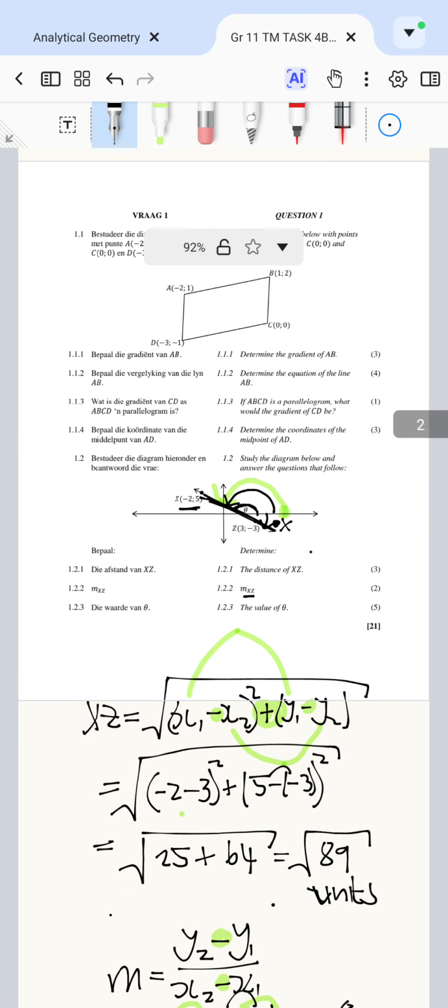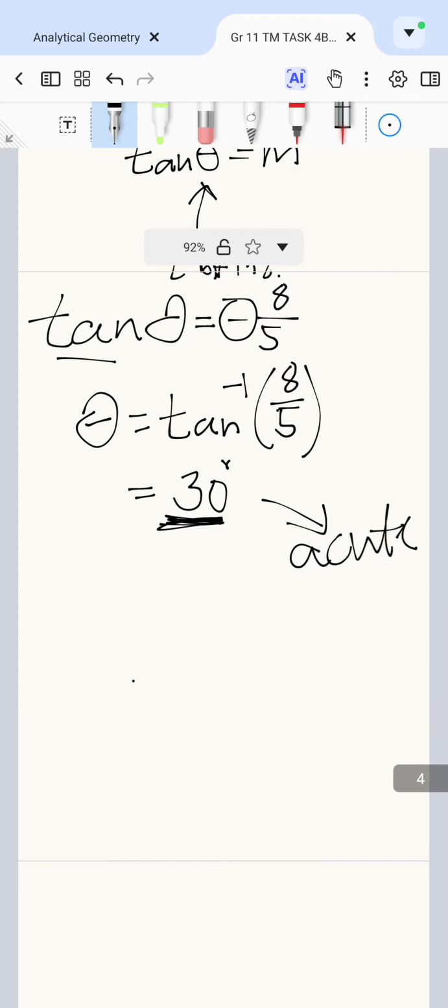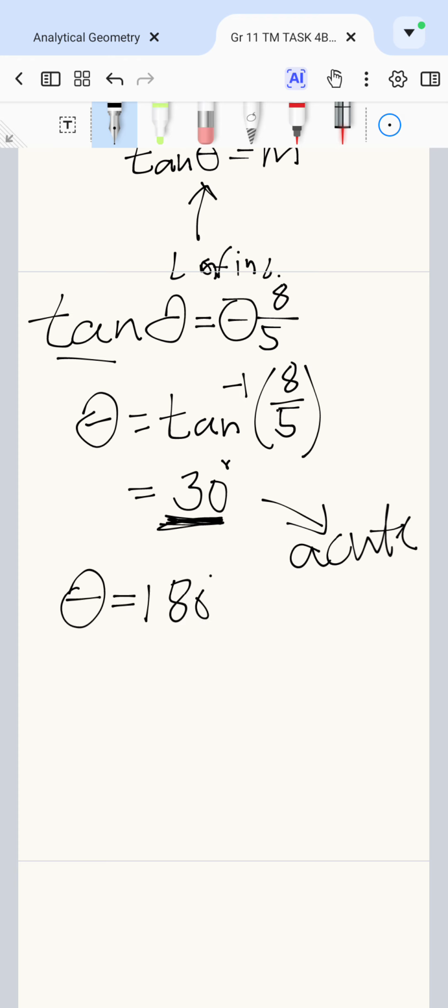Let's go back to our calculation at the bottom. If it was 30, my random number, then our actual theta value will be 180 degrees minus this acute angle. For my random number, I'm going to get 150 degrees, and this 150 is the obtuse angle, which is the one that we want.